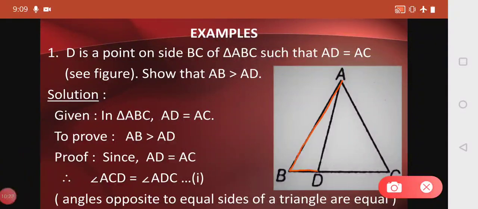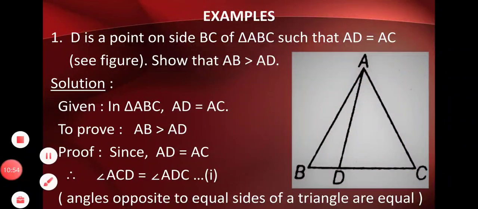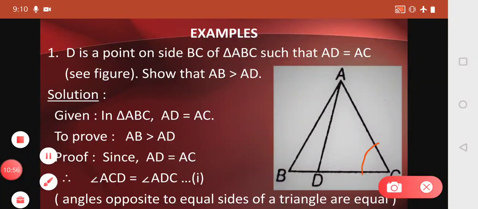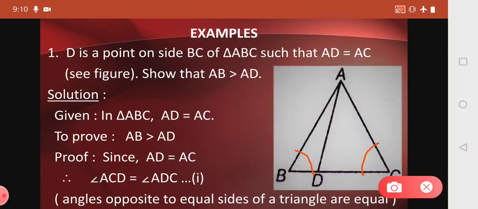If we write angle ABD or in place of ABD if we take angle ABC, this angle remains the same. So in place of angle ABD we write angle ABC because both are the same angle. Further, we got that angle ACD is greater than angle ABD. Let's cross check it, this is our ACD.